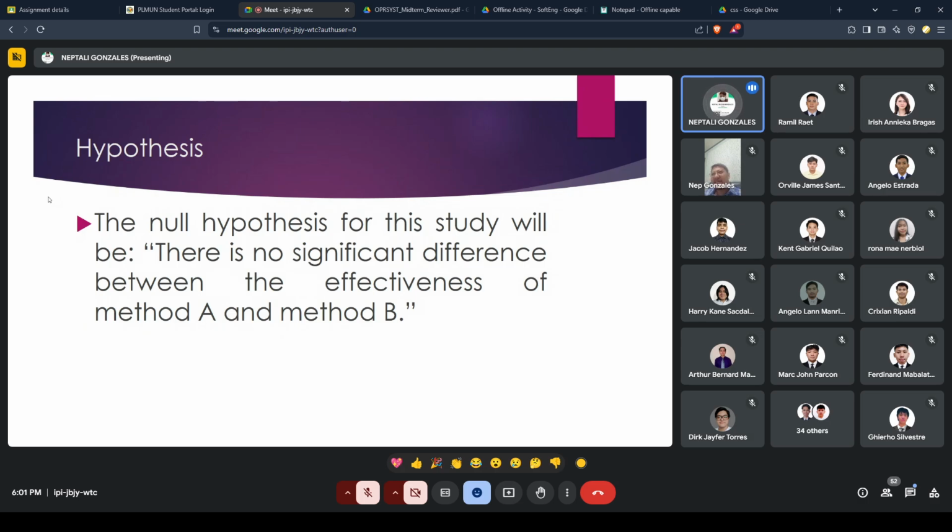As I have said earlier, the first one is simply discussion, then a take-home assignment or quiz. The second one is discussion or activity-based. After the discussion, right away, the teacher will give the activity for the students to answer, on which, by using statistics, you will know if there is a significant difference or not.